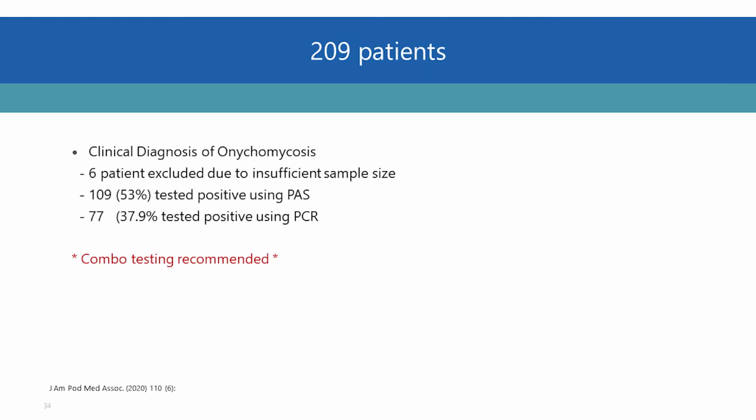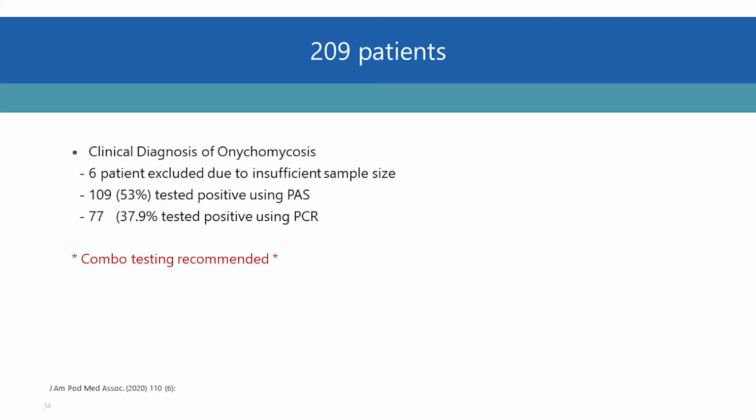Now, a couple of studies that speak to that end. We have our first study here from Javan 2020. 209 patients with clinical diagnosis of onychomycosis. Quick note, 6 patients were excluded due to insufficient sample size. In much the same way as when we collect our specimens in our office, we have to make sure that we have an appropriate sample of nail plate, because if you don't, you may receive an inconclusive result, the same way that patients were excluded from the study.